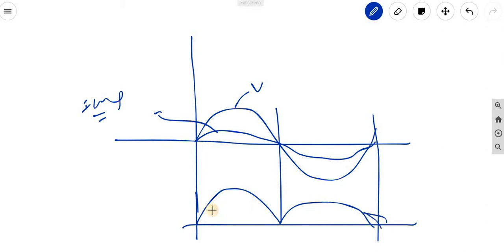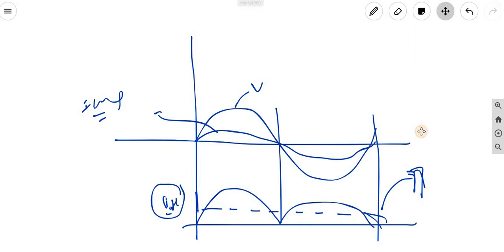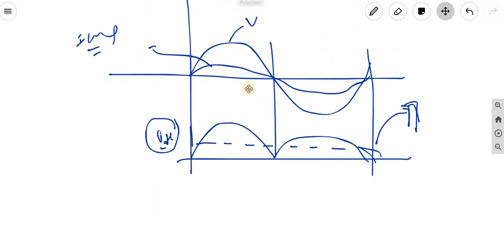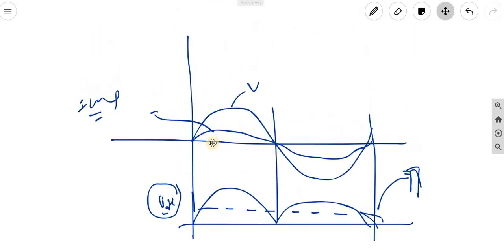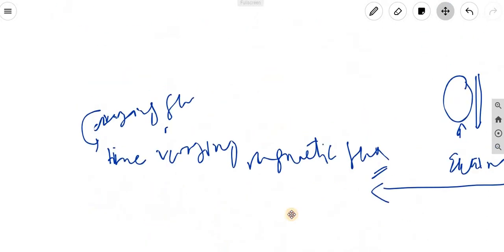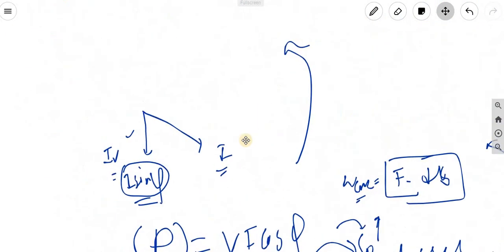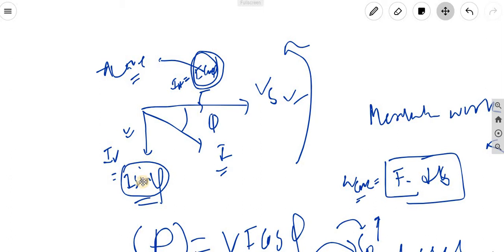That means there is a DC power, so that power is known as the active power, and this flows, that is consumable.